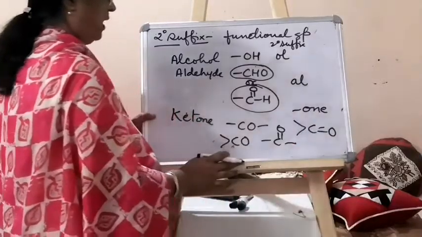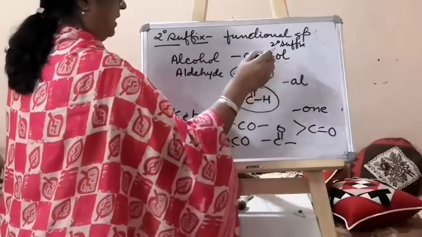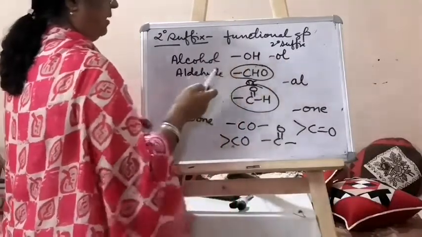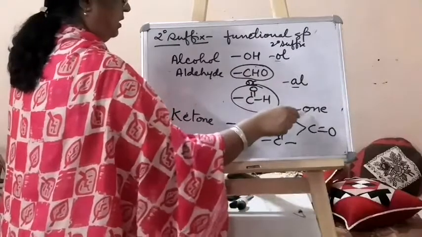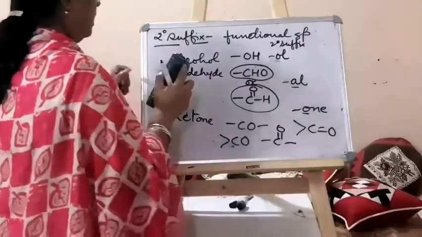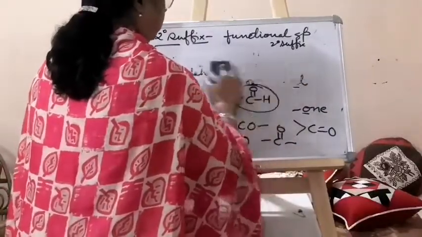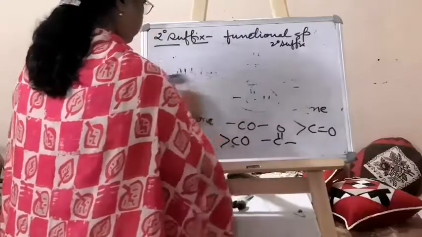You will not read it as one, it is pronounced own. So what do you see, that the secondary suffixes will be added to the primary suffix, and should always be written with a small letter. So this part you will learn from the book. These are functional groups.